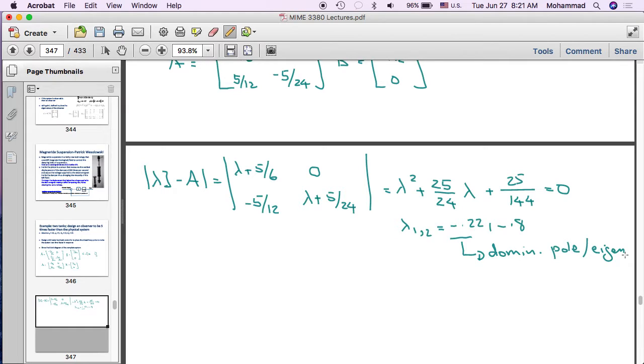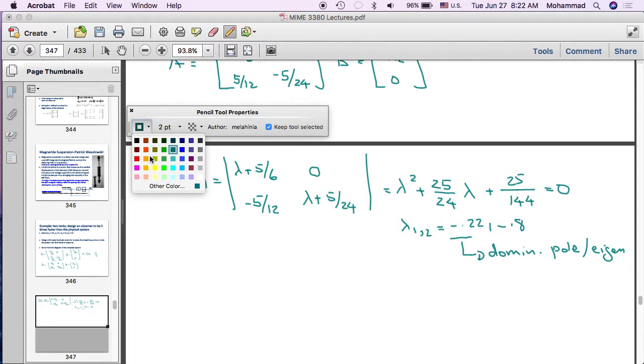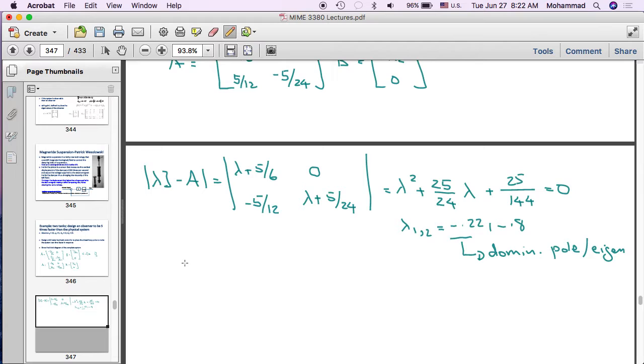So when we are designing the observer, we want the observer to be 5 times faster than this one. So where do we want the eigenvalues of the observer then? For the observer to be 5 times faster, it means lambda 1 and 2 should be 5 times the dominant pole, minus 0.22.